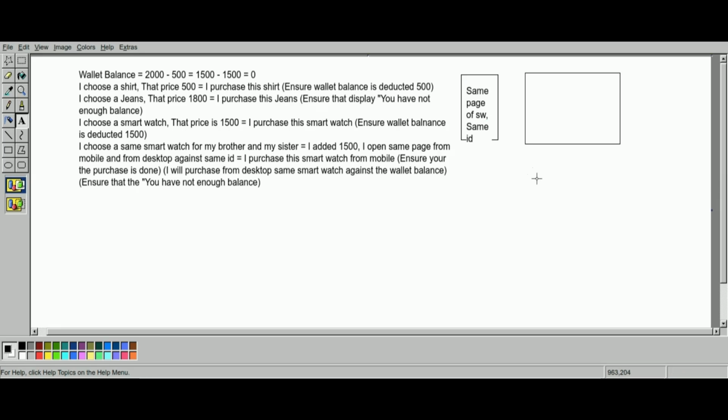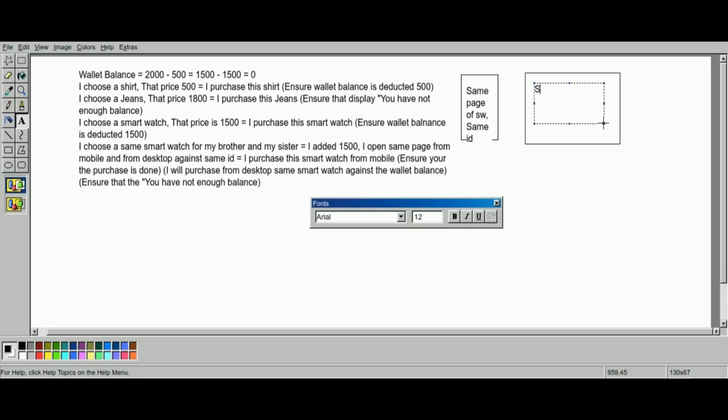Okay, and this also the desktop, same page of SW and same ID.